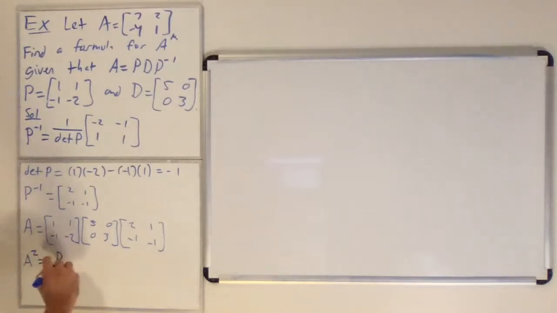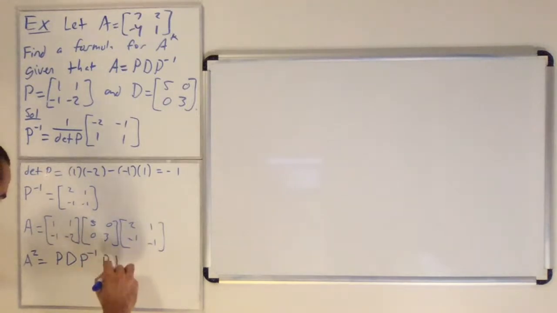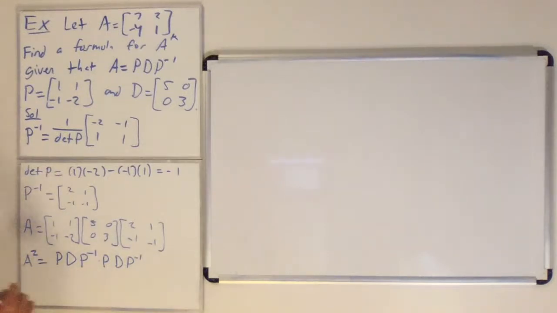So that's P D P inverse times P D P inverse. P inverse times P is the identity matrix. So we don't have to include this. This is the same thing as P D squared P inverse.